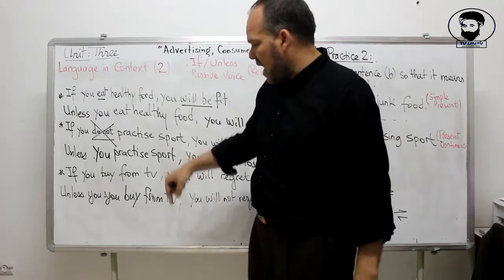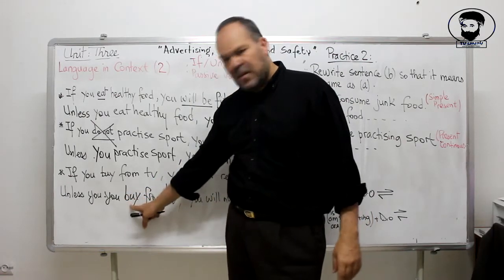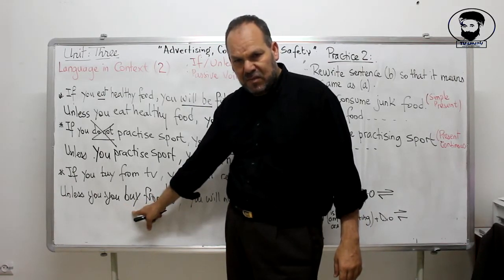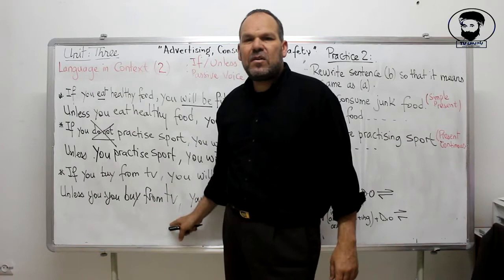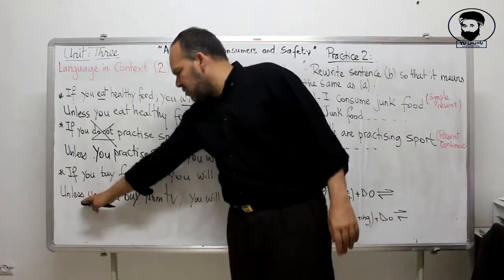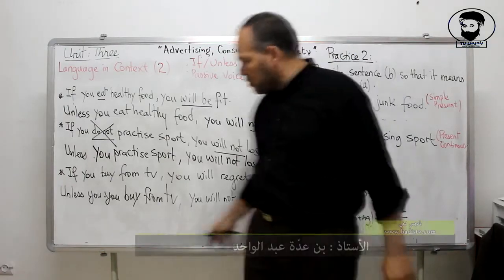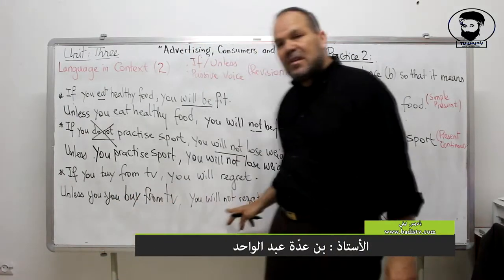But unless you buy from TV, with the condition that you get a product from television advertising, you will never regret. So remember, unless is used with the affirmative, and the second sentence is negative. But if you use the negative here, this automatically will be affirmative.